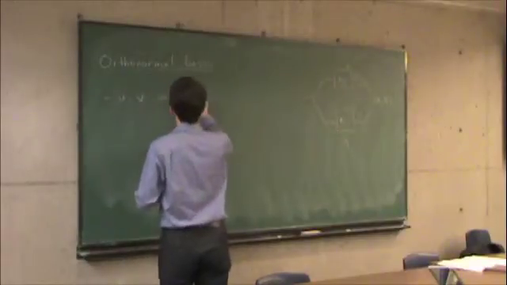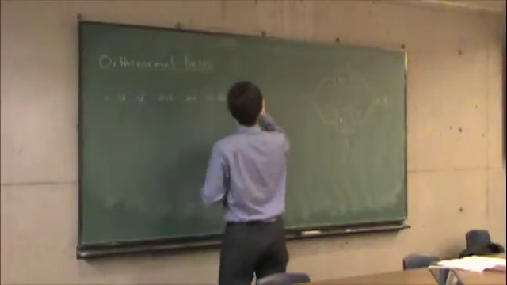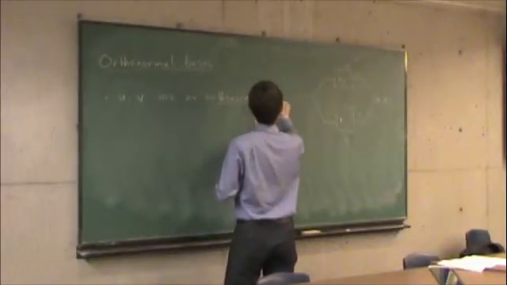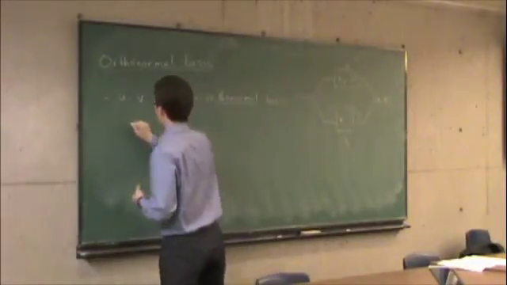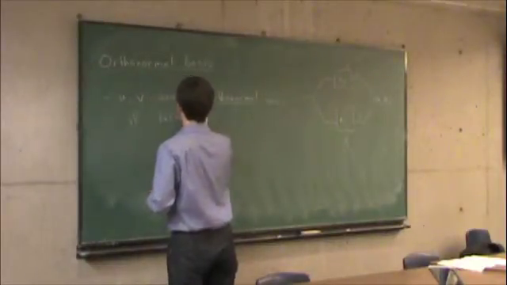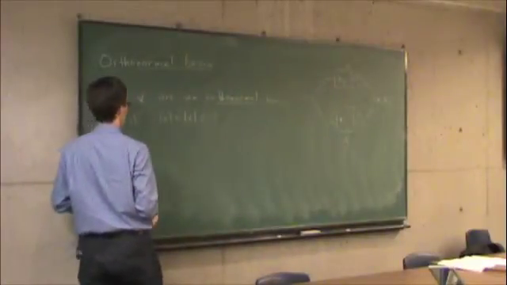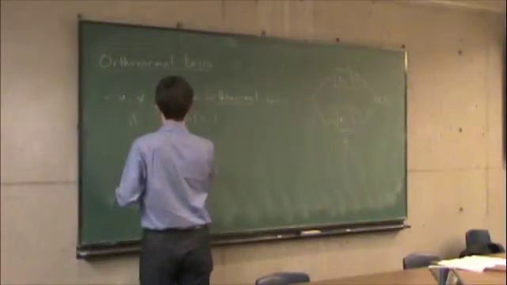They are orthonormal if the norm of U and the norm of V are both equal to 1, and U dot V is 0.